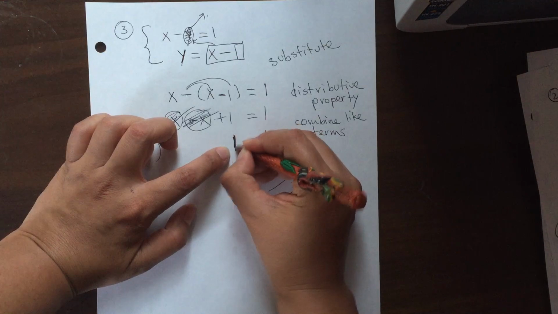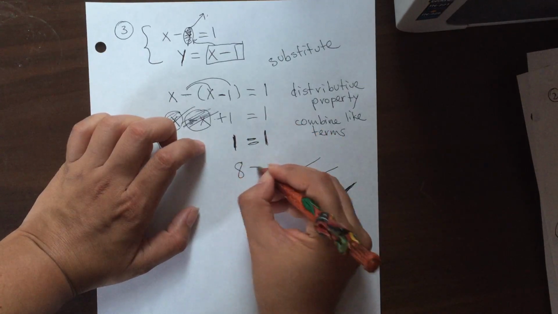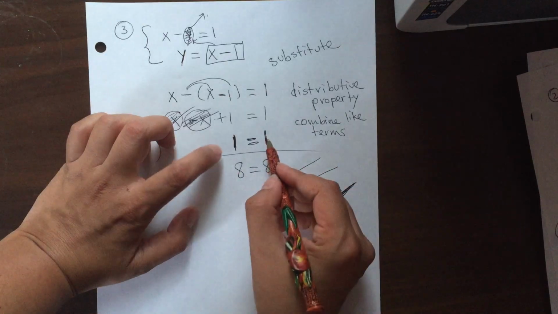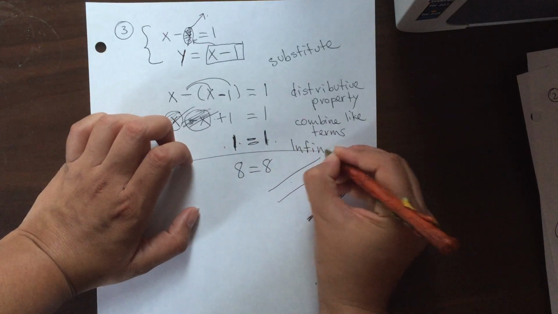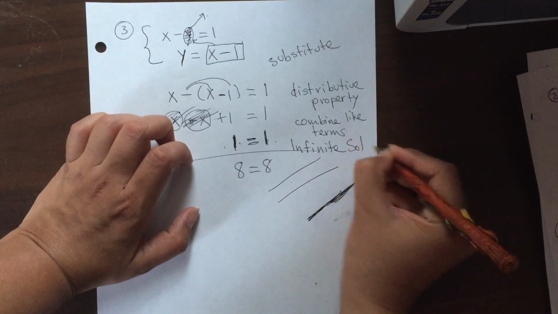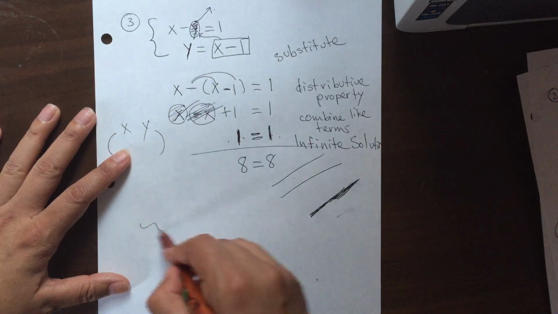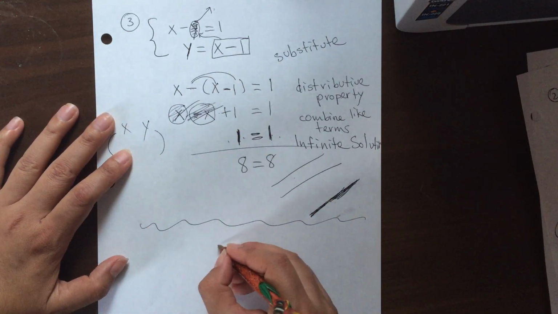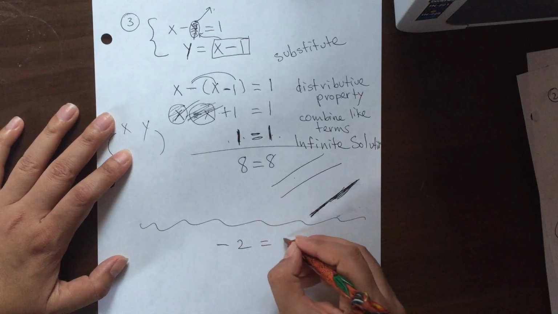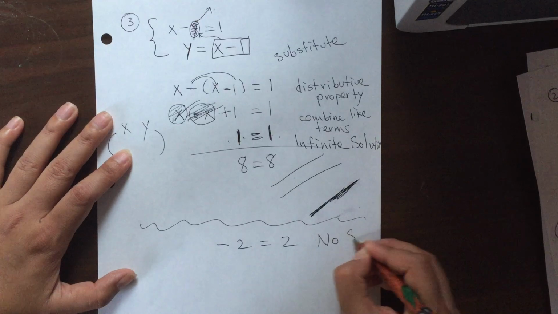When we have 1 equals 1 or 8 equals 8 or any numbers where both numbers are the same, you're just going to say infinite solution. Okay, now if your answer, let's say that this was a negative, if your answer was negative 2 equals positive 2, then you're going to say no solution.